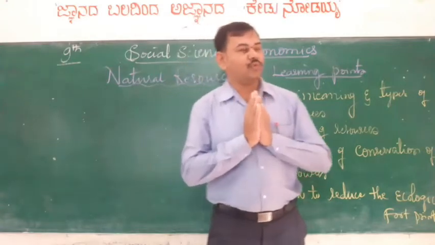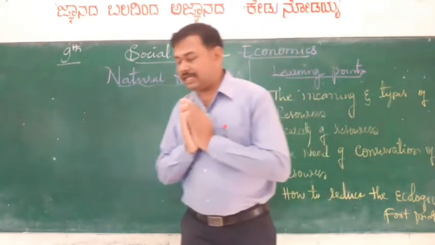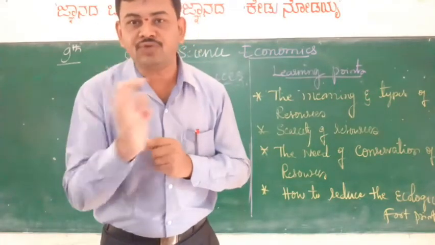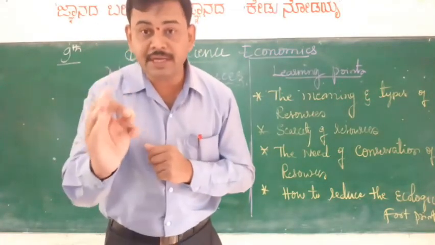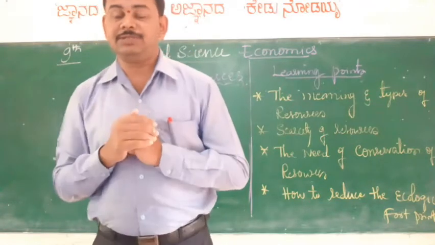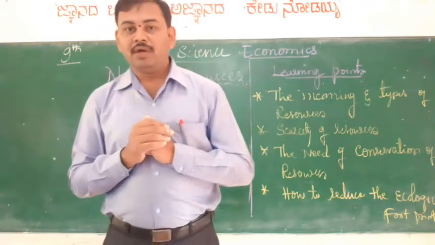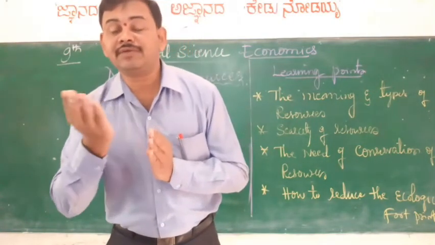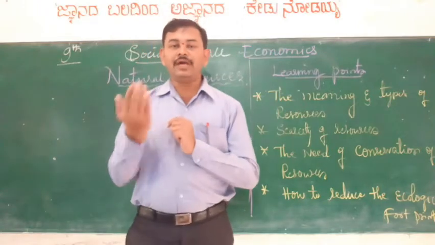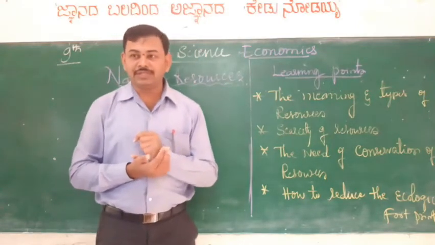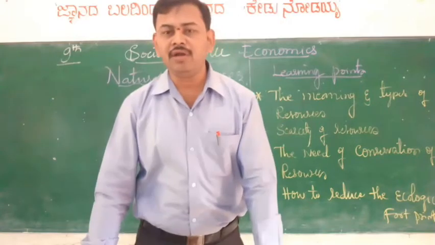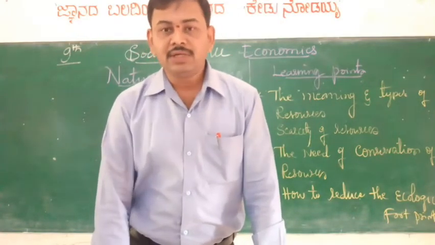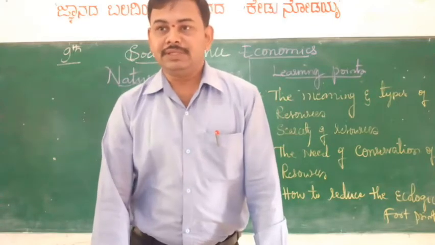So generally what we can say is, the resources which are available naturally to human beings on the earth's surface, or the resources which we get on the earth's surface naturally. These are called natural resources, and these are all very valuable resources, but we cannot live without them.